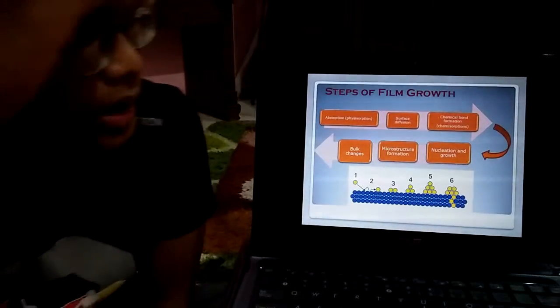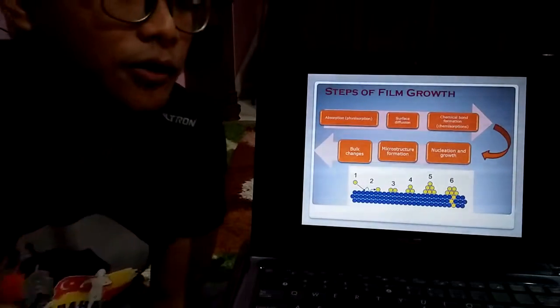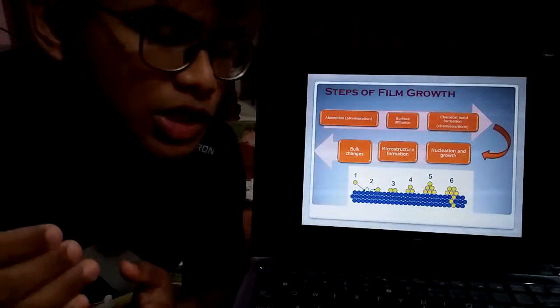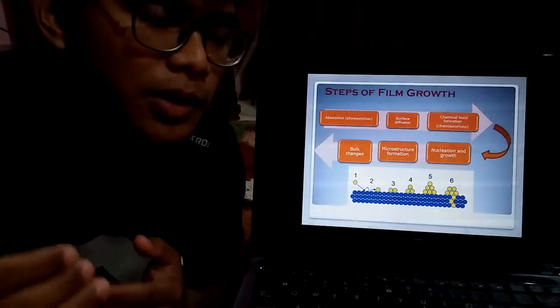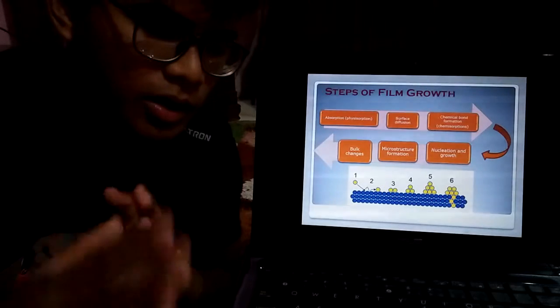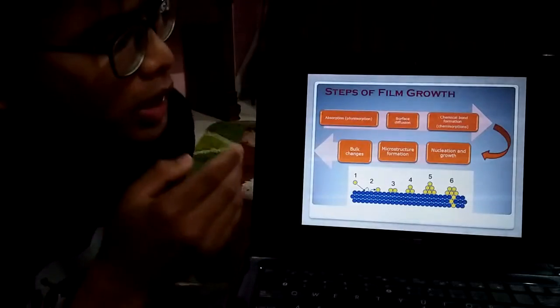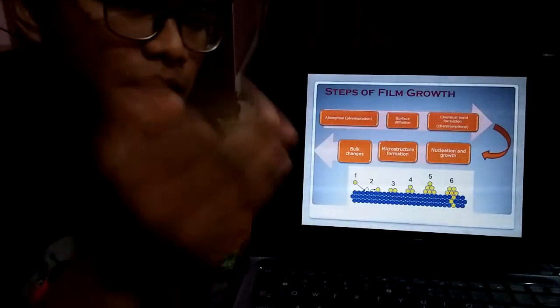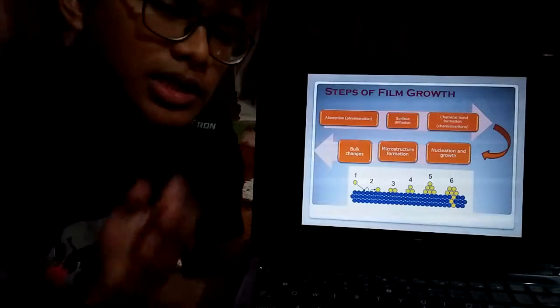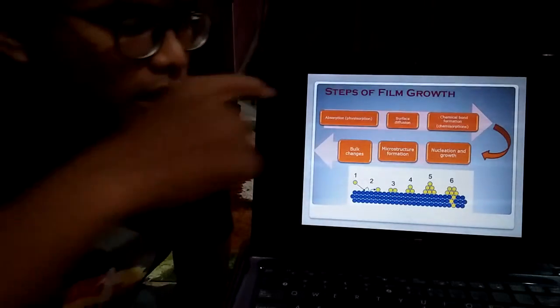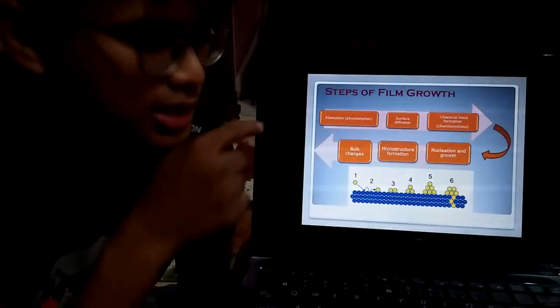Next. After the process of condensation, when making thin film, it must grow. The steps of film growth start from when the particles arrive at the substrate. They generally contain 6 steps.